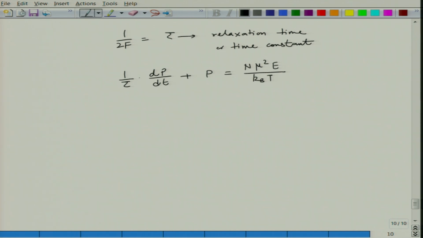Now let us write this in terms of polarization, which is time dependent. Among the polarization components, the time dependent part is the dipolar part, whereas the ionic and electronic parts are nearly time independent.